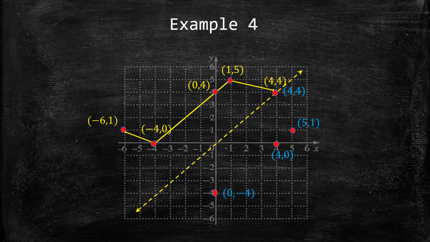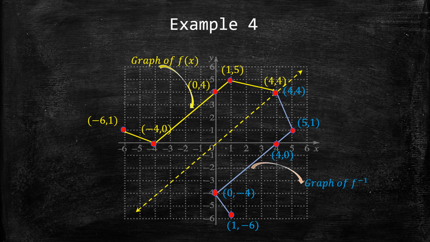And finally, -6, 1, switch the coordinates, it becomes 1, -6. So the blue points all belong to the inverse. Now draw the lines. This is the graph of f of x, and this is the graph of the inverse.